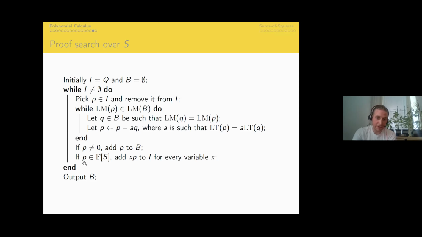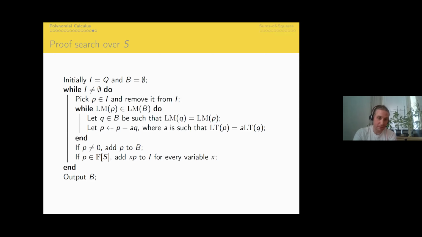And if it is a polynomial containing only monomials from S, then add any lift of this P to the initial set. Okay.